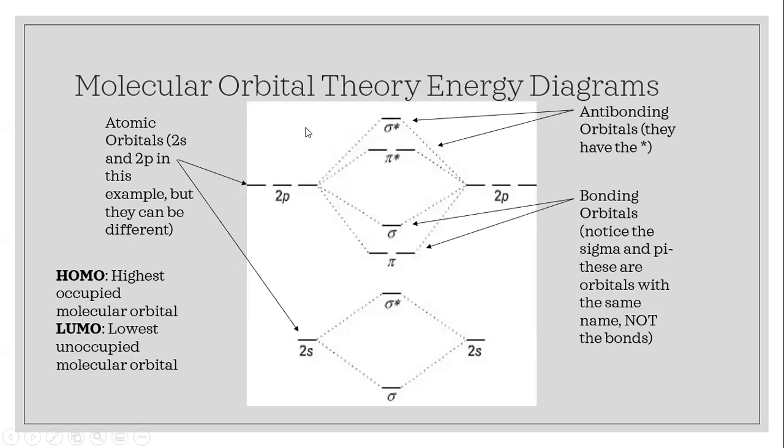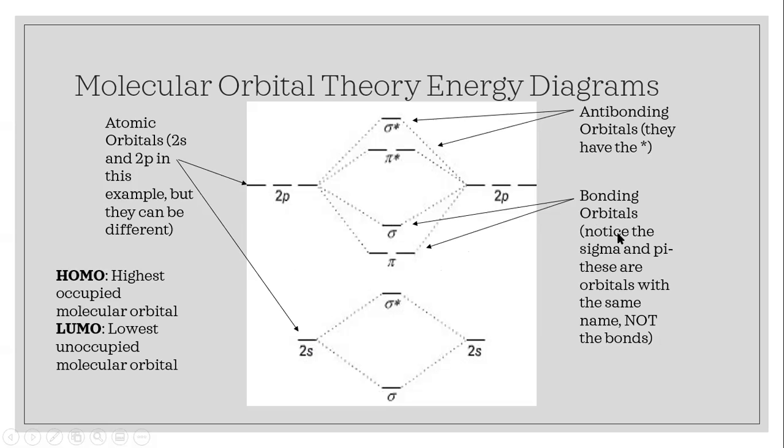I've labeled all the parts so we can understand it. You have your atomic orbitals. In this example it's 2s and 2p, the ones we're familiar with, but they can be different, like 5s, 5p. And then you have your bonding orbitals.